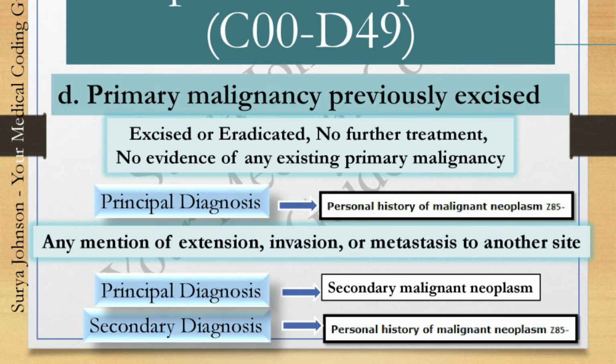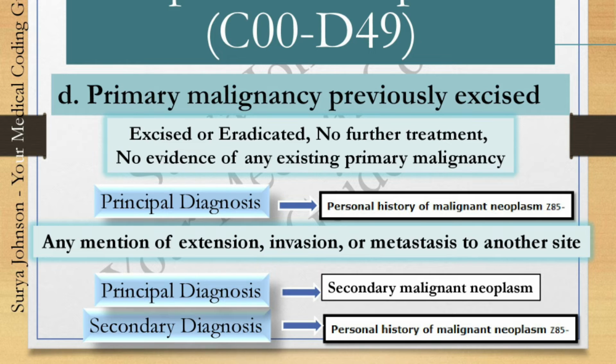It is not completely eradicated. So, you will code the principal diagnosis as secondary malignant neoplasm. The secondary diagnosis in this scenario will be personal history of malignant neoplasm, Z85 series, to show that the patient had a primary malignancy that is eradicated, and now the active malignancy in the body is not the primary.